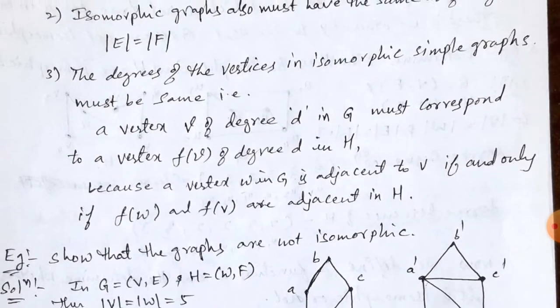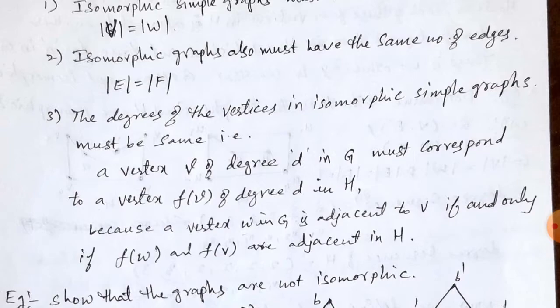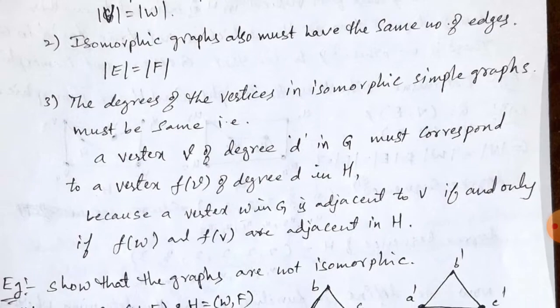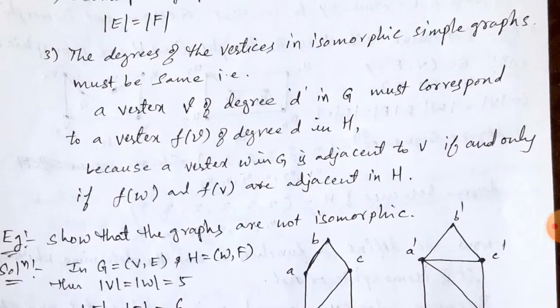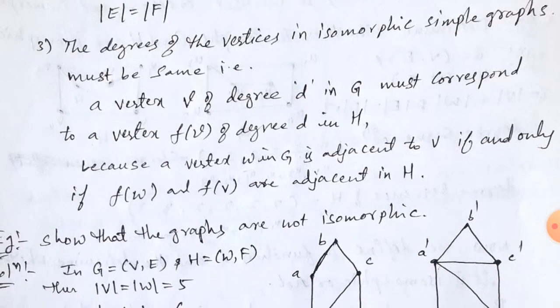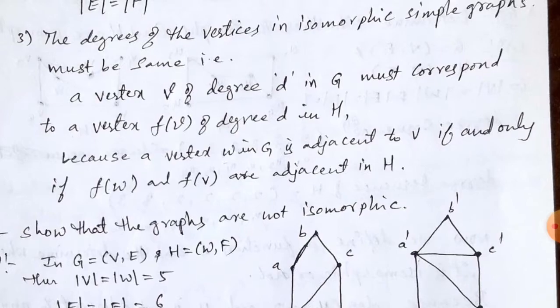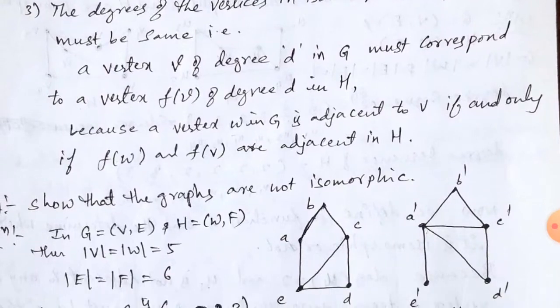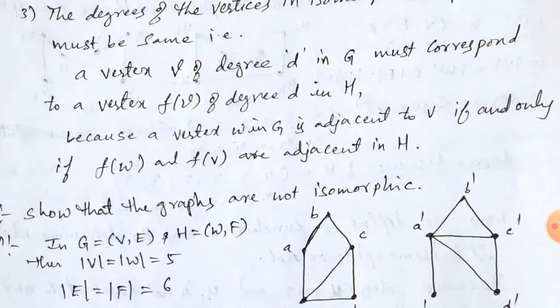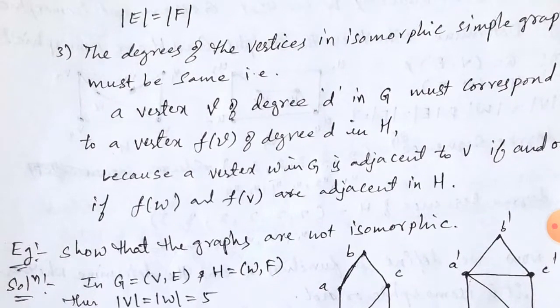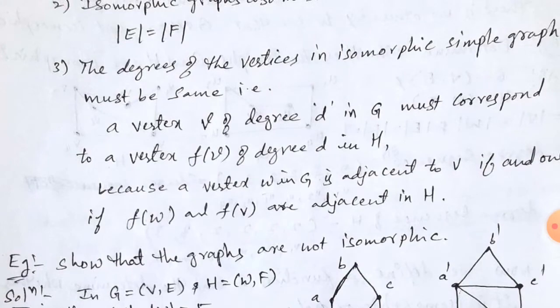Now observe the third one: the degrees of the vertices in isomorphic simple graphs must be the same. That means a vertex V of degree d in G must correspond to a vertex f(V) of degree d in the other graph, because a vertex W in G is adjacent to V if and only if f(W) and f(V) are adjacent in H. We have already seen this; it is called the adjacency property.